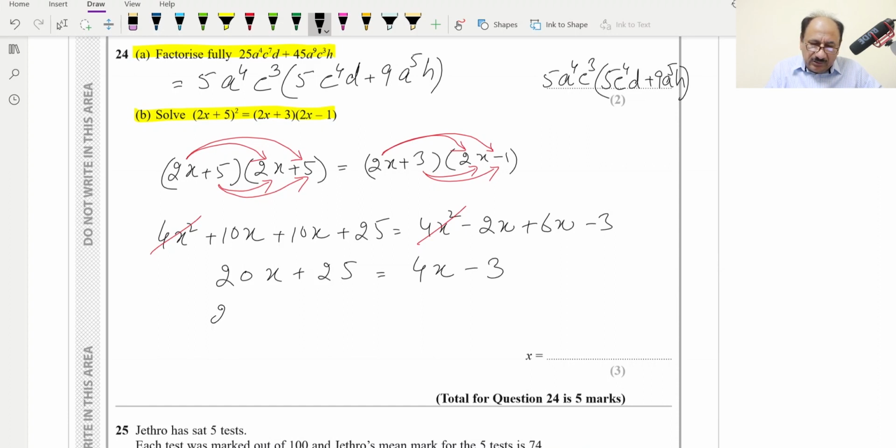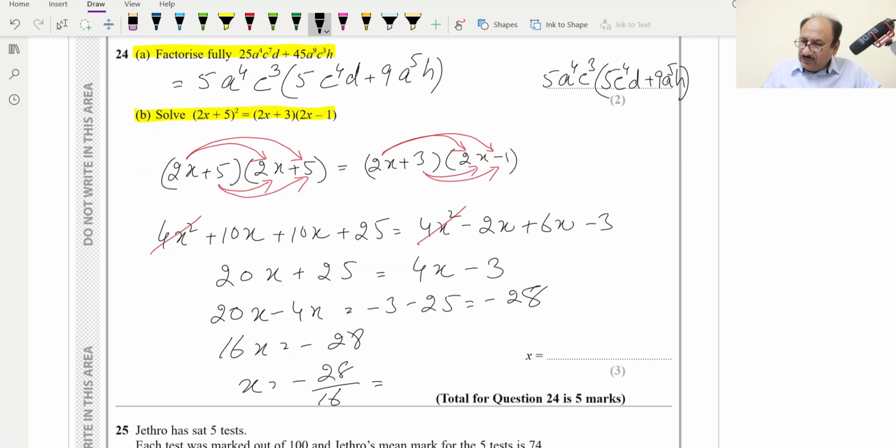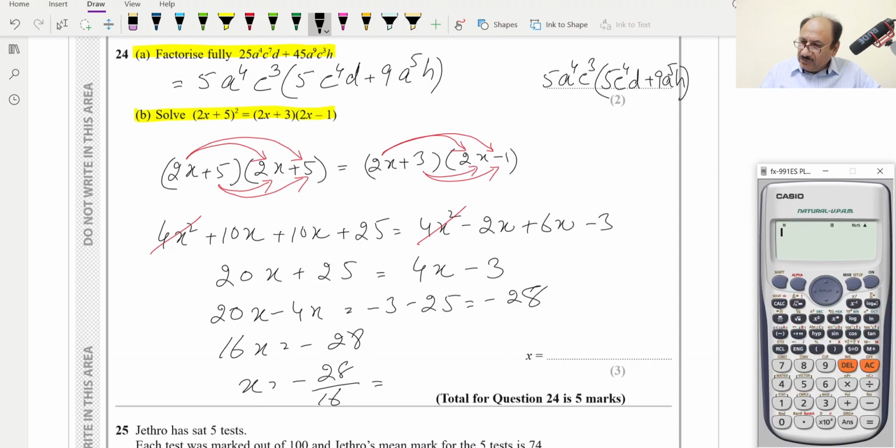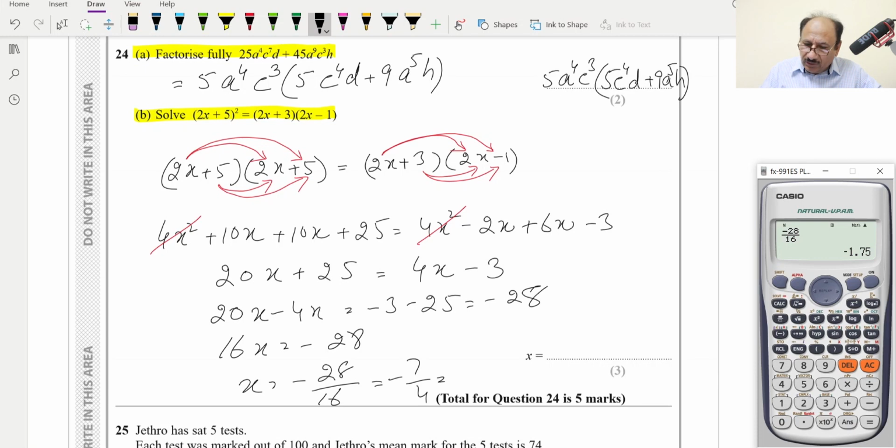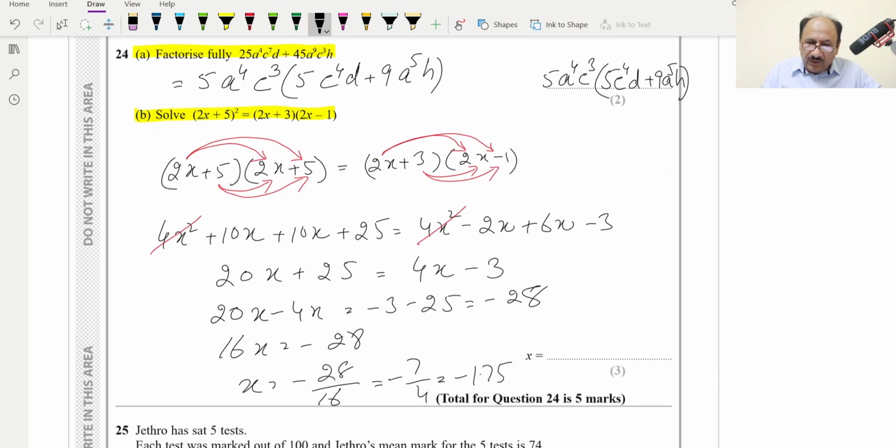Now we can shift x to one side. 20x minus 4x is equal to minus 3 minus 25, which is minus 28, so 16x is equal to minus 28, and x is equal to minus 28 over 16, which is minus 7 over 4, and in decimal value it is minus 1.75.